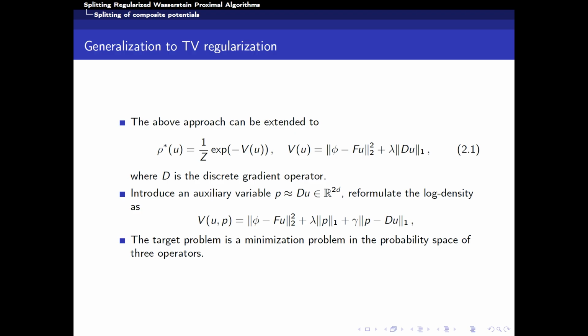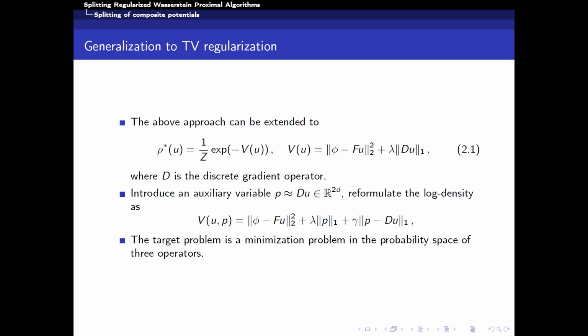And then in order to handle this TV norm, we simply introduce a new variable p, and then we put a new penalty term over here. Basically this penalty term is trying to enforce that p will be close to the gradient of u, which is the TV. So this is the log density we will think about for this TV regularization scenario.